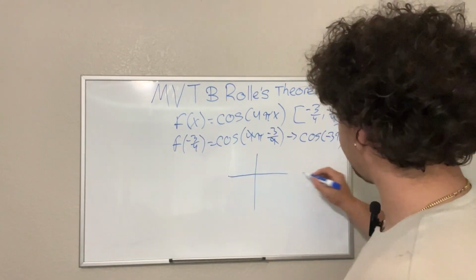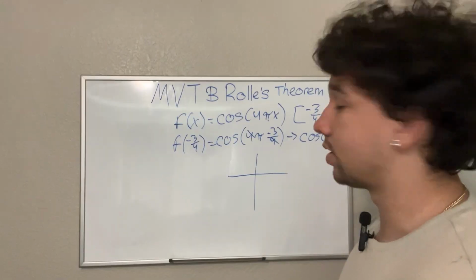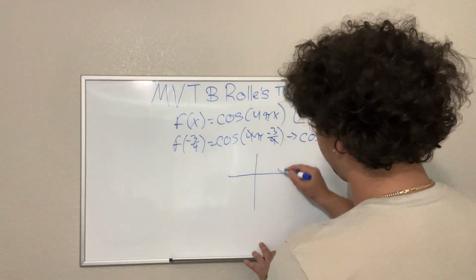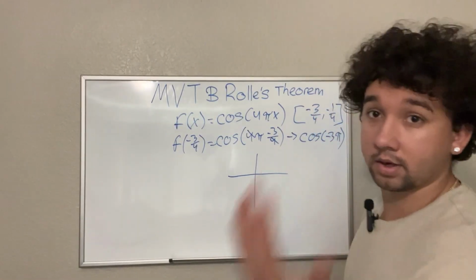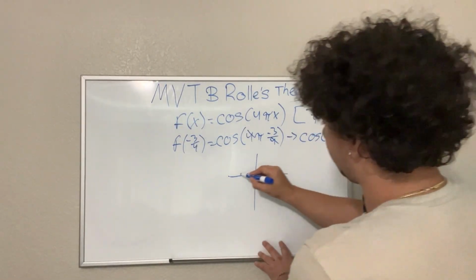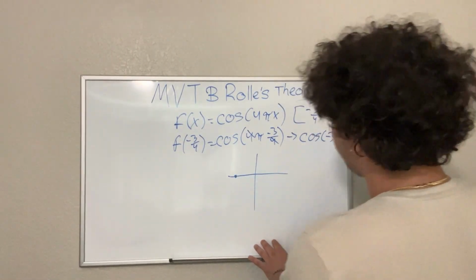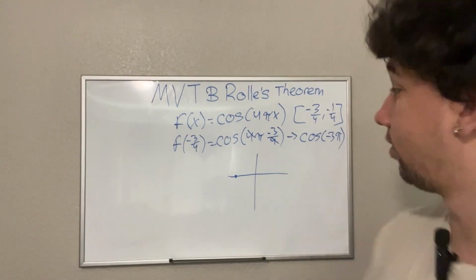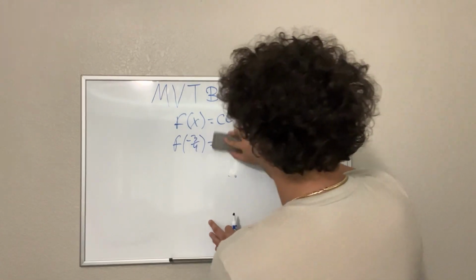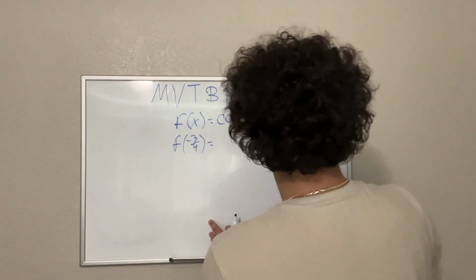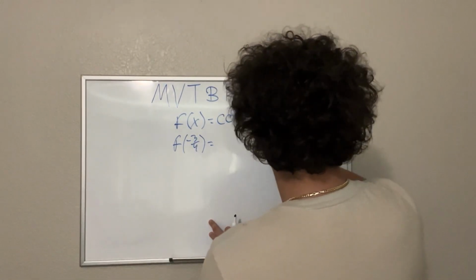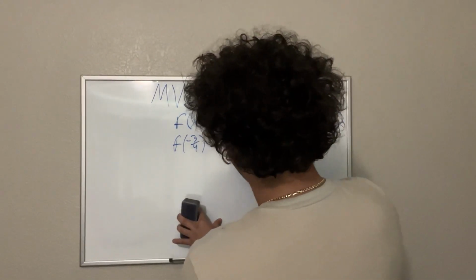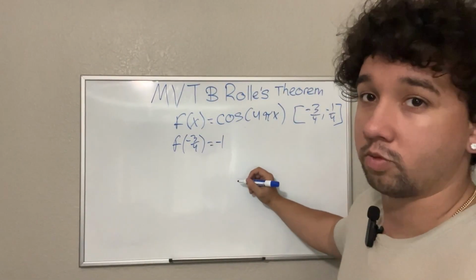Cosine's even, so negative 3 pi is 3 pi, same exact thing. That is basically one full rotation all the way around, because 2 pi is one full rotation, and then one more. What is my x value over here in the unit circle? Negative 1. So this whole thing is equal to negative 1.